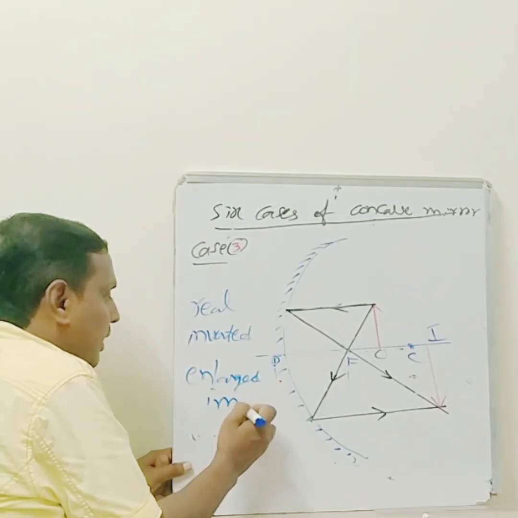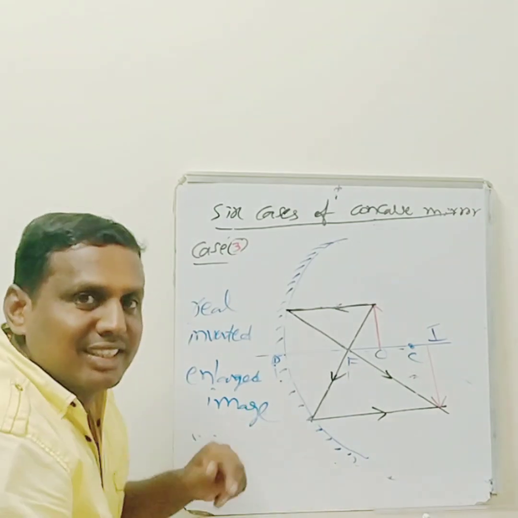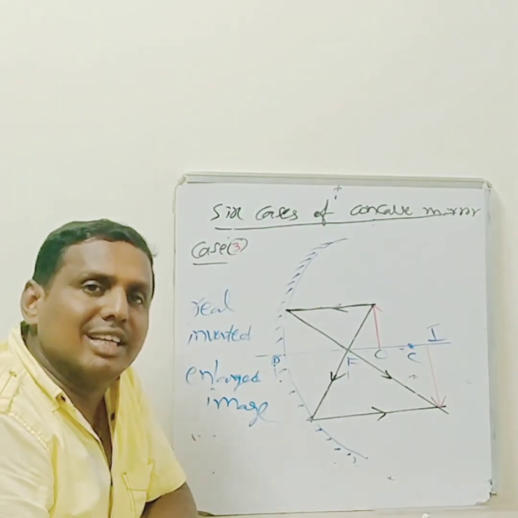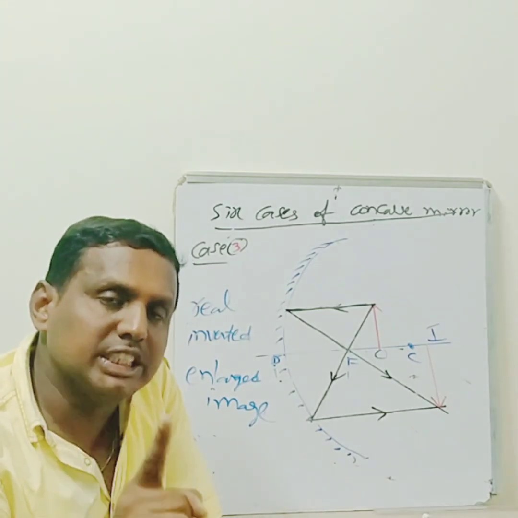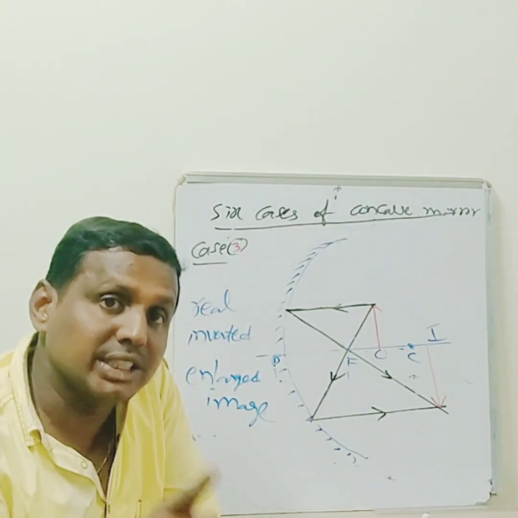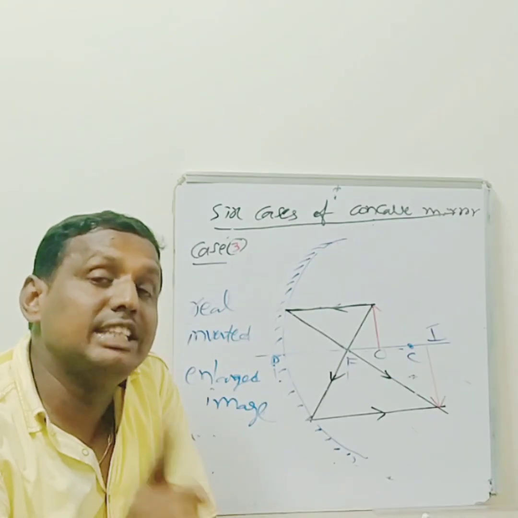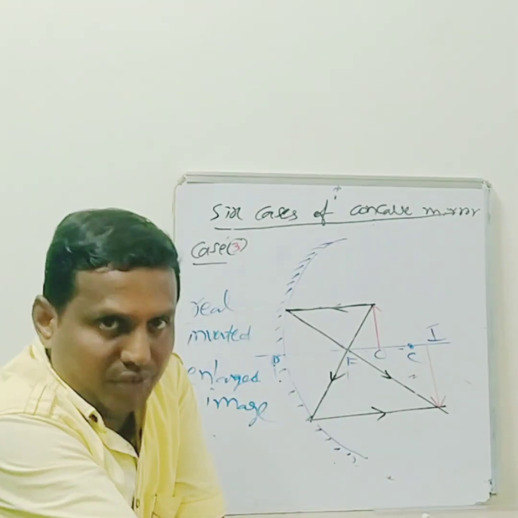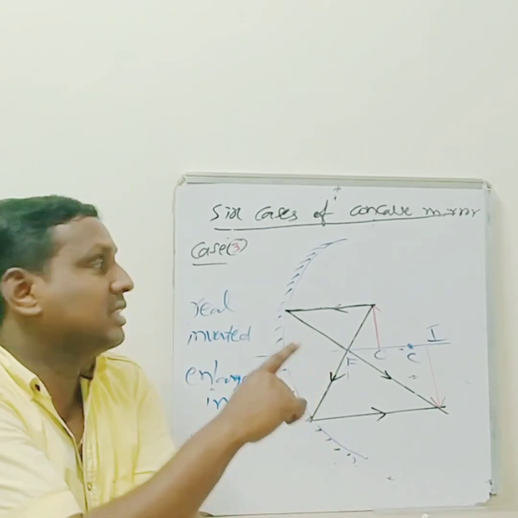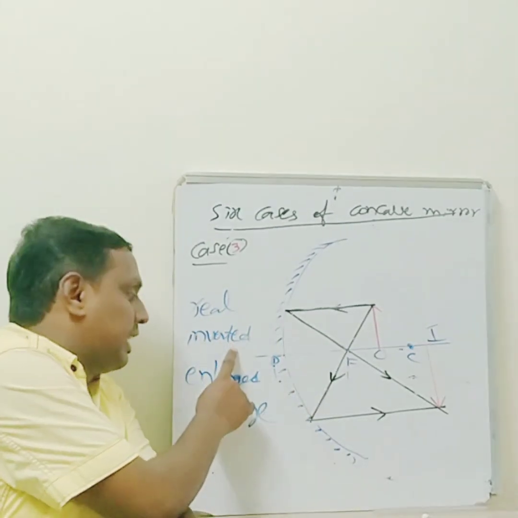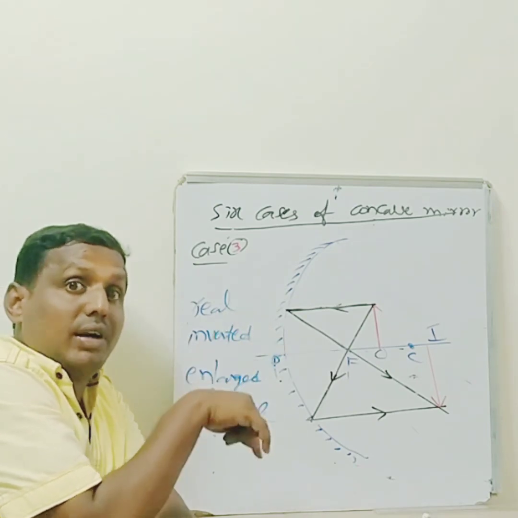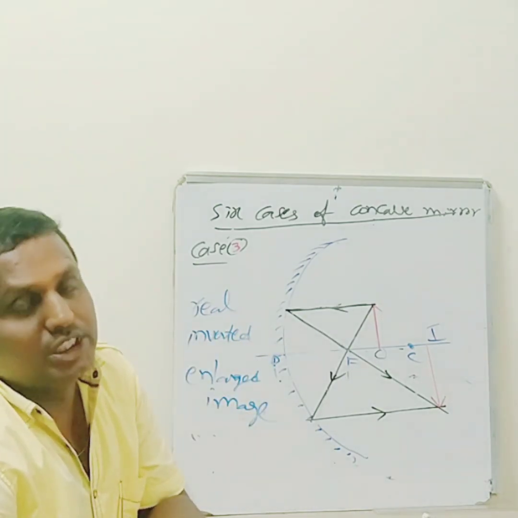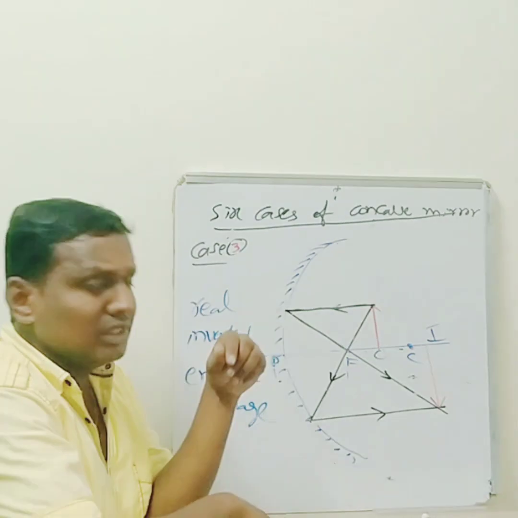Clear? Yes, friends. So this is case 3. When the object is between focus and center of curvature, the image is formed beyond the center of curvature, and the image is real, inverted, and enlarged. This is case 3. Next, case 4.